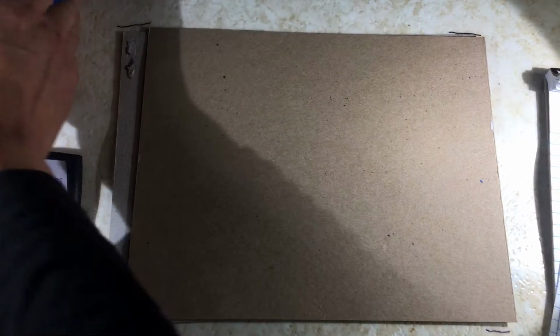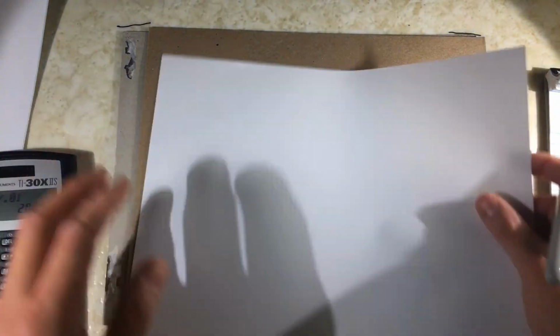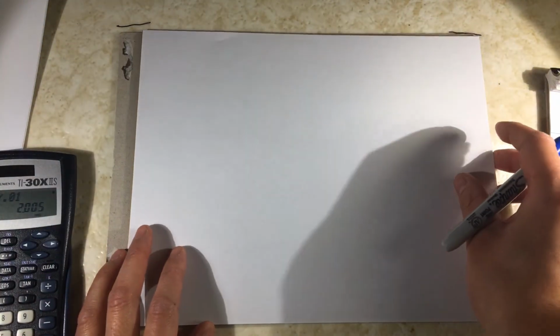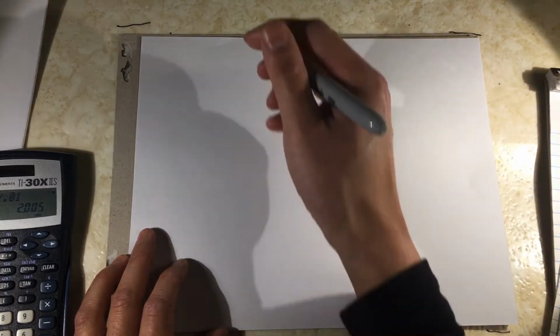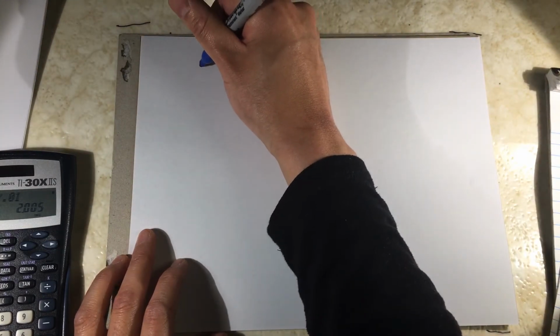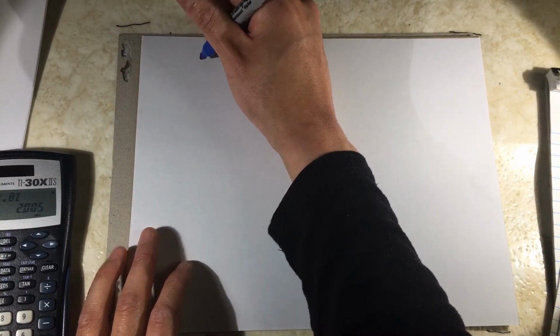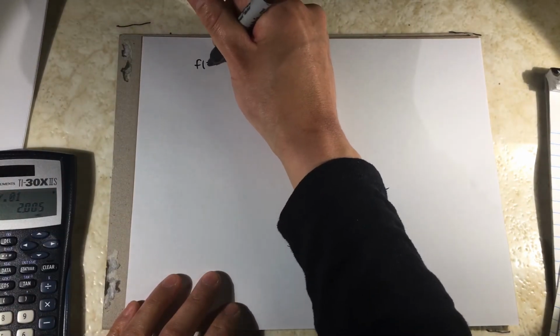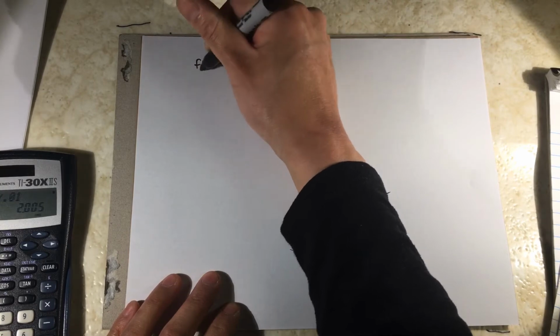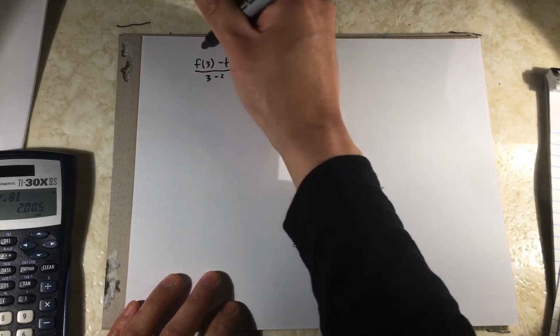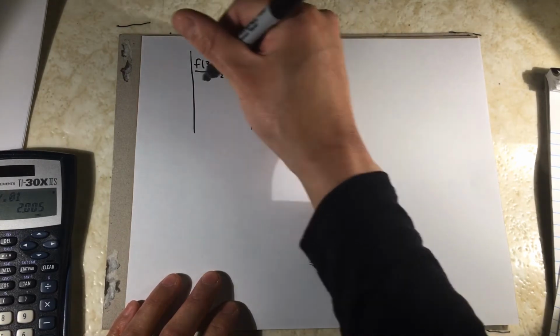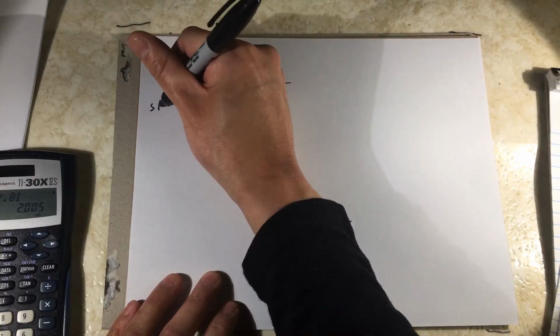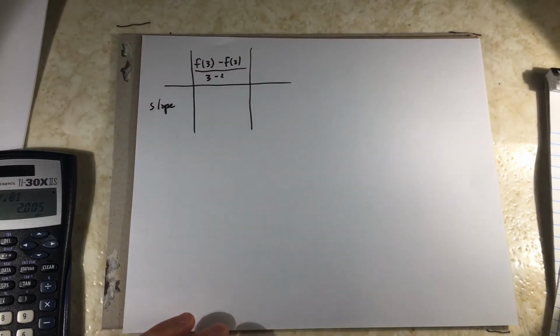So let's create a table. Our first slope was f of 3 minus f of 2 over 3 minus 2, and the slope for that one was 2.5.